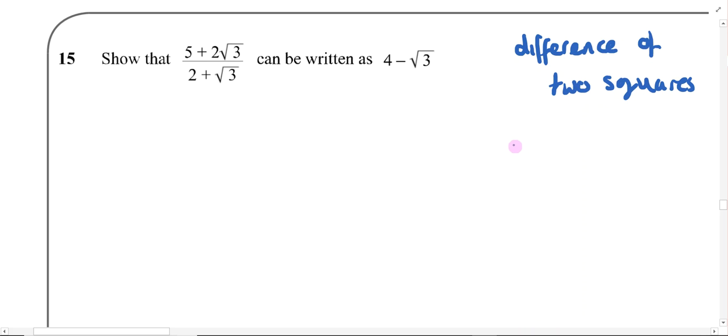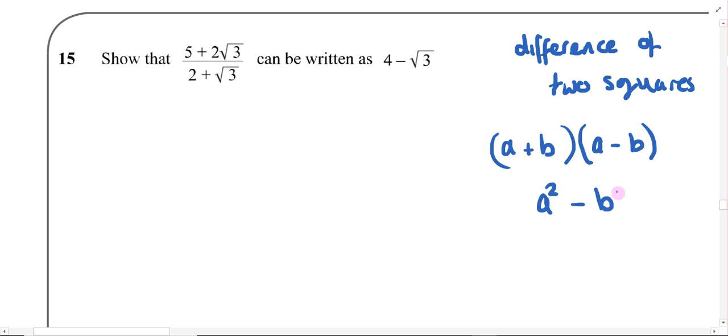Does anyone remember it? A plus B times A minus B. If I expand that, I end up with A squared minus B squared.